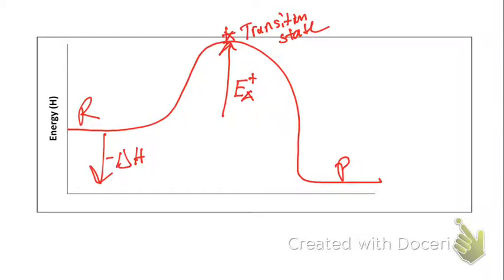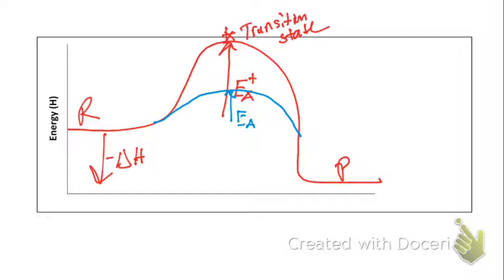All right, now what we're going to do is add a catalyst. What a catalyst is going to do, by definition, is lower the activation barrier. It doesn't change delta H. It does not affect the thermodynamics here. What it does do is create a smaller activation barrier.